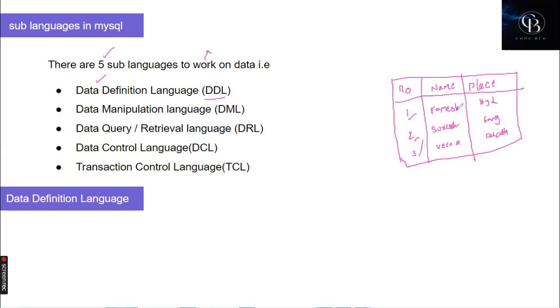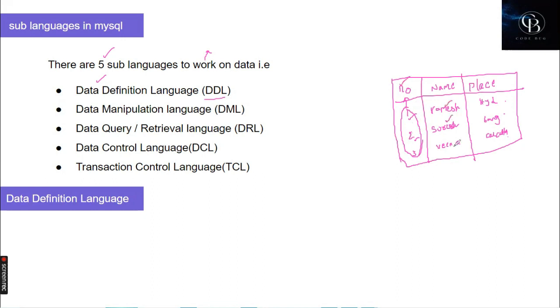Now, if you observe this table, which part is defining the table? The data is 1, 2, 3, Ramesh, Suresh, Veena, Hyderabad, Bangalore, Kolkata. What is this data? 1, 2, 3 are related to numbers, and this part is defining that data.